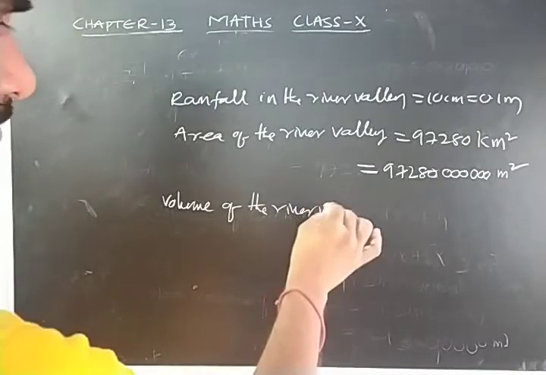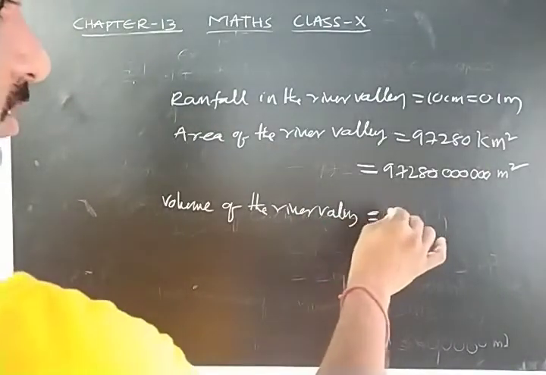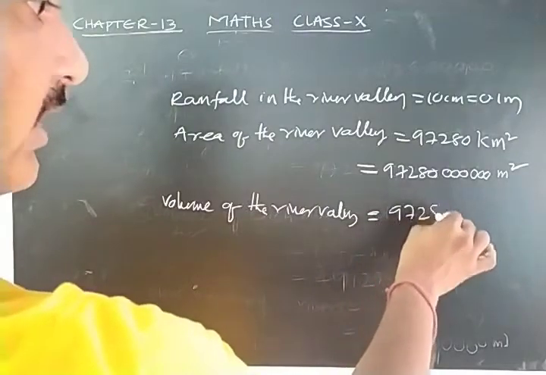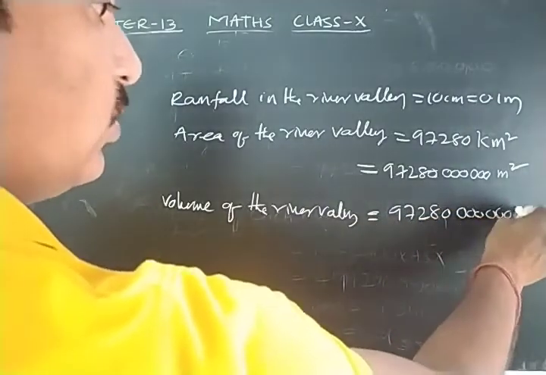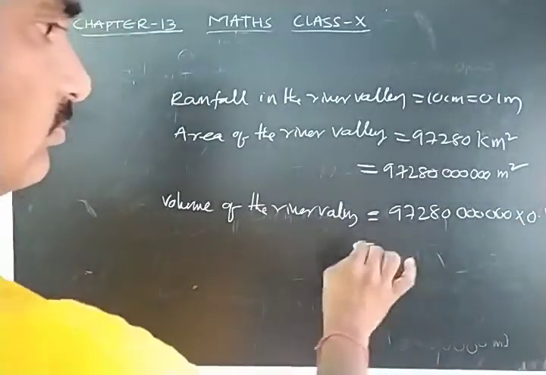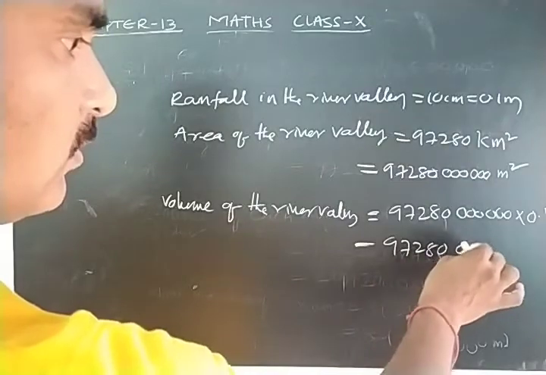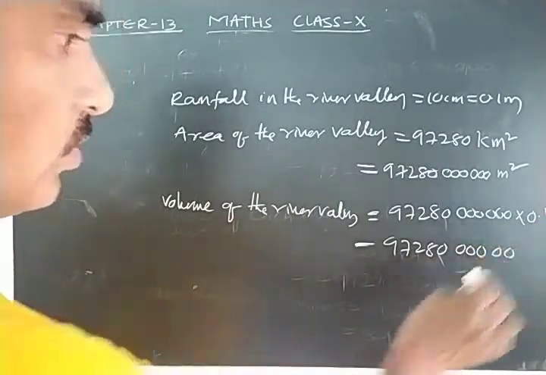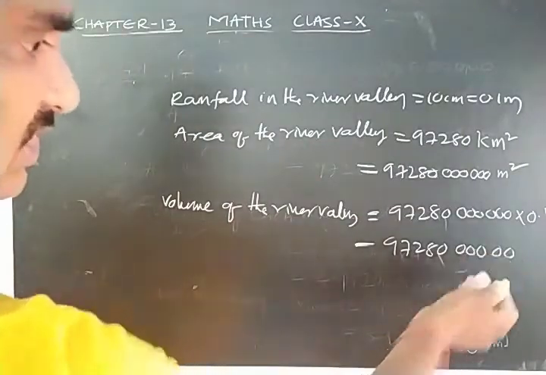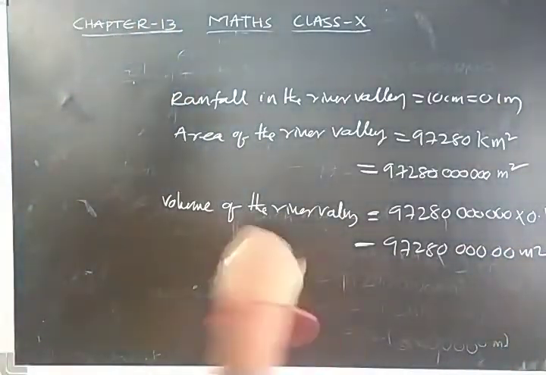Rainfall: 97280 with 6 zeros into 0.1. 0.1 means you will get 97280, here by 10, 1 zero will cut, leaving 5 zeros. So total how many zeros? 6 zeros. Meter cube, this is the volume of the river valley.